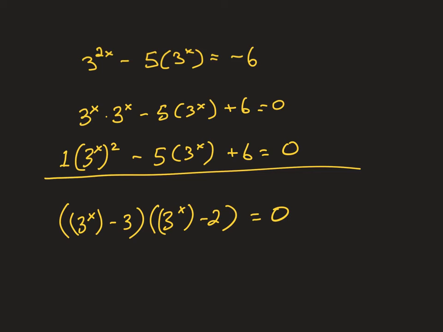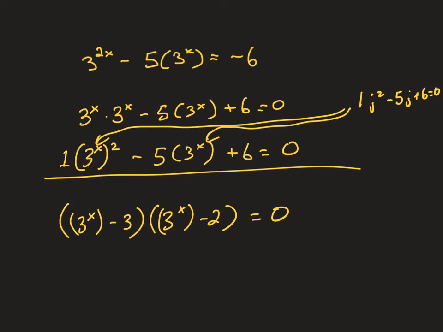Right, so 3 to the x is kind of like the variable. This is a lot like saying j squared minus 5j plus 6 equals 0. So this is just j minus 3, j minus 2 equals 0. And so j equals 3 or 2.